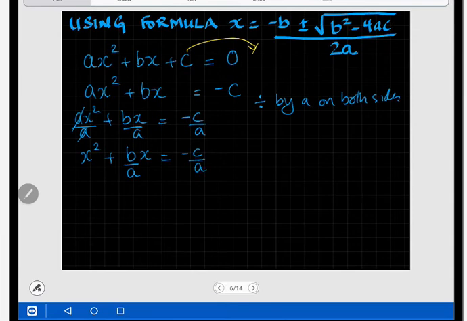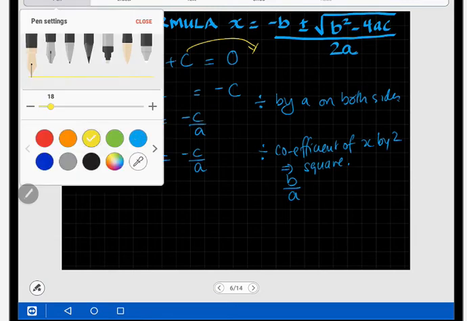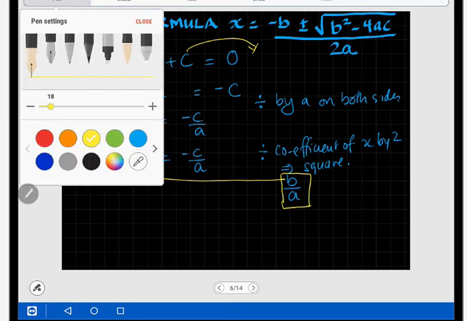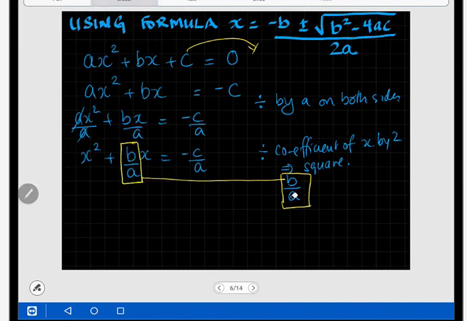Now what do I do? I divide the coefficient of x by 2, then I square it. So I take b over a, that's my coefficient here. I divide this by 2 and I will get b over 2a.